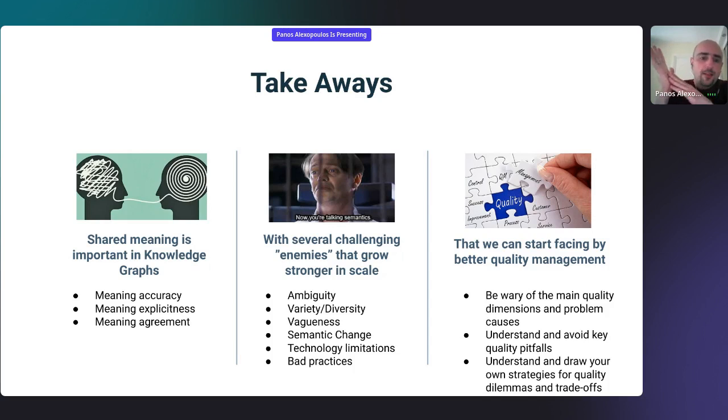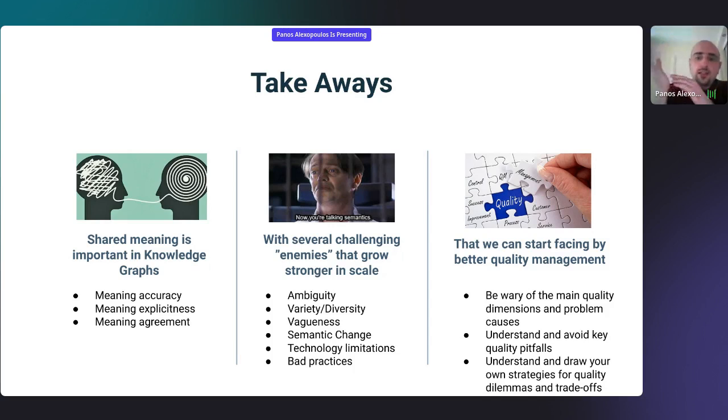And all these three dimensions are usually not perfectly followed because there are several factors: there's ambiguity, there's variety, there's vagueness, there's semantic change, so, semantic modeling issues. But there are also bad practices, right? We've seen that we can start facing them through better quality management.